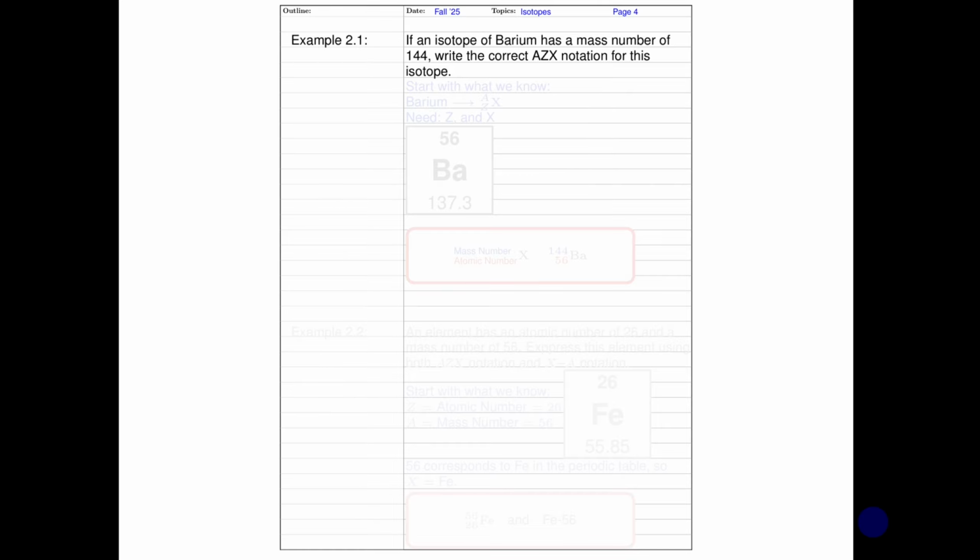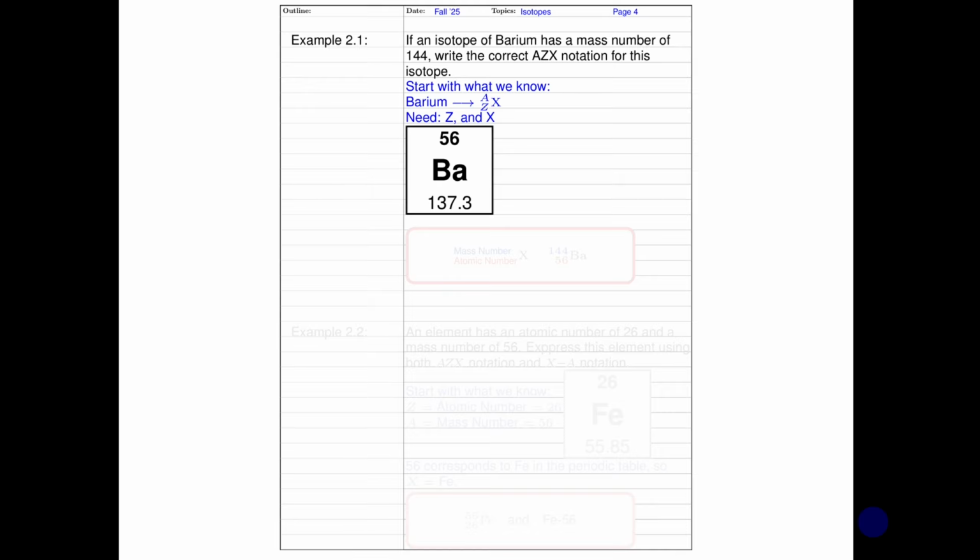If an isotope of barium has a mass number of 144, write the correct AZX notation for this isotope. Let's start with what we know. We are working with the element barium, and we need to represent barium-144 in nuclear notation. Therefore, we need to find the values for Z and X. If you are familiar with the periodic table, you will know that barium is represented by the letters Ba.